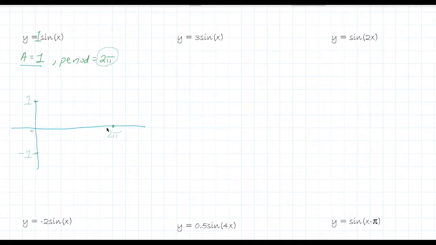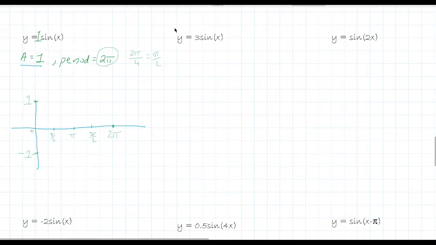So let's split 0 to 2 pi into 4 parts. If we do 2 pi divided by 4, that gives us 1 pi on 2, so half a pi. So if we split 0 and 2 pi into 4, this is pi on 2, this is pi, this is 3 pi on 2, and this is 2 pi.